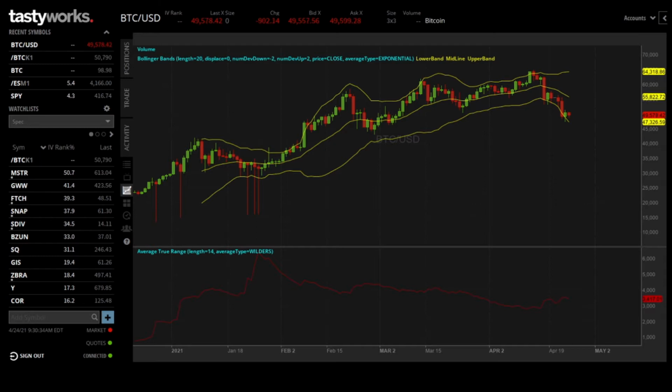So maybe the first one I'll go over is the S&P 500 futures, and then maybe we can go over into Bitcoin because I think there's going to be a lot of interest in that soon. So if you notice on the left hand side, you'll see the prices of some of the stuff that I'll go over.